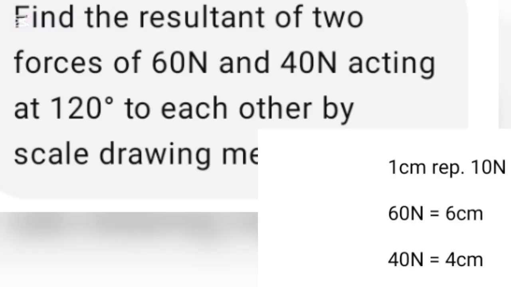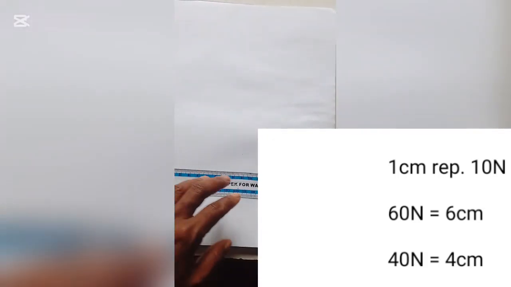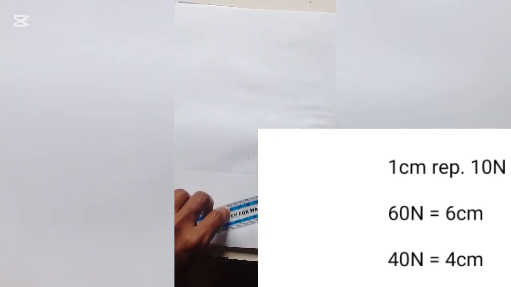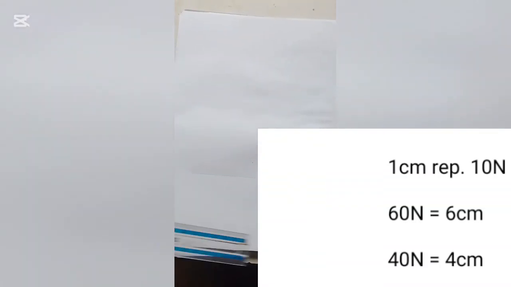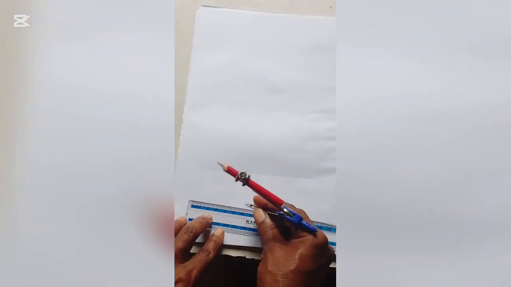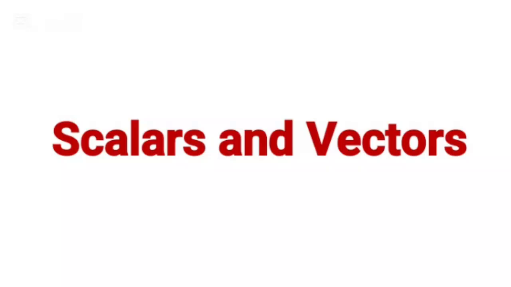Taking question 2, we are going to use a scale of 1 centimeter to represent 10 Newton. In that case, our 60 Newton will be equal to 6 centimeter and our 40 Newton will be equal to 4 centimeter. So for question 2, we'll draw a straight line. After drawing the straight line, we are going to measure out 6 centimeter with our compass, then cut out our 6 centimeter from the straight line at the middle.